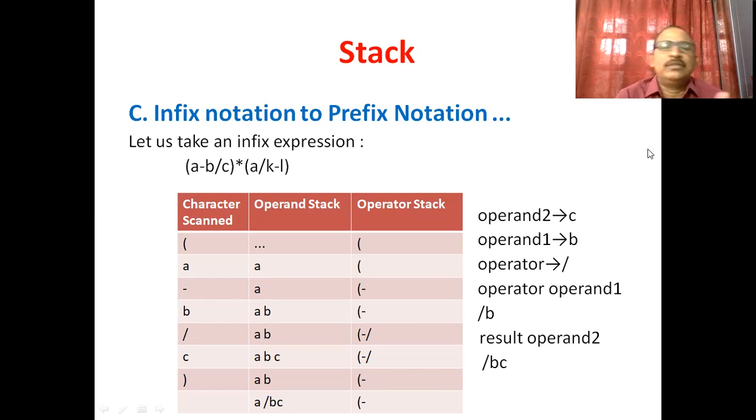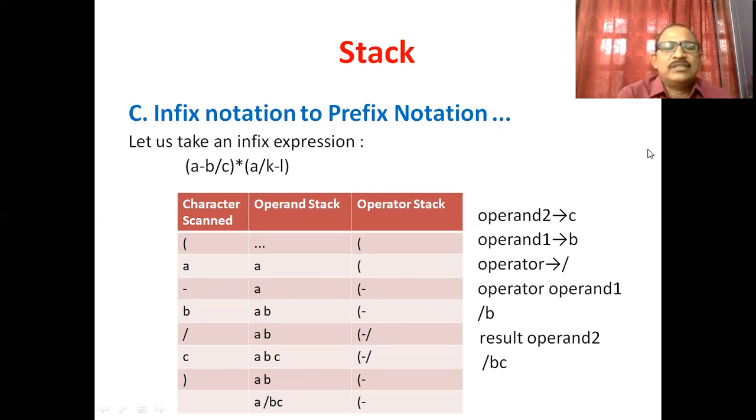A is encountered, push A into the operand stack. Minus is encountered, push it into the operator stack. B is encountered, push it into the operand stack. Forward slash is encountered. Okay, now you push it to the operator stack because the top of the operator stack has lower precedence. C is encountered, push it to the operand stack.